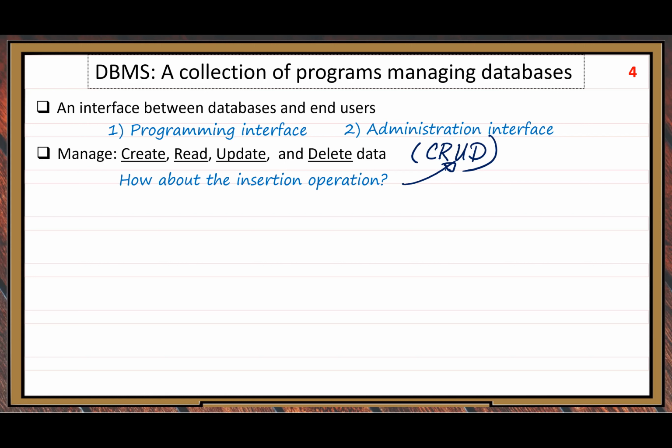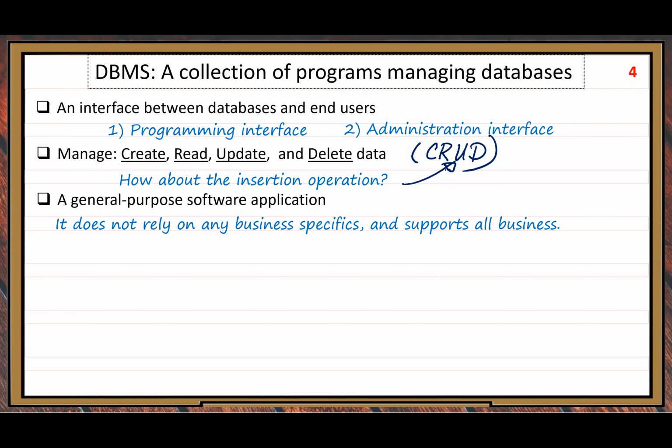All right. A general purpose software application. Another property of this DBMS is that it is general purpose software. It's not special purpose. What's the meaning of a general purpose software application? It does not rely on any business specifics and supports all businesses. With a DBMS like MySQL, you can use it to run any business.